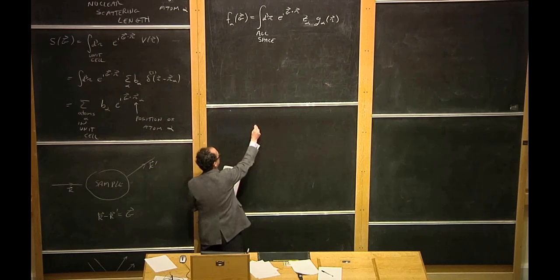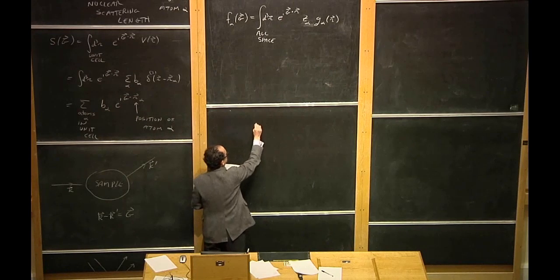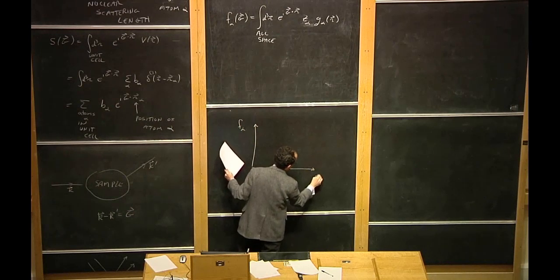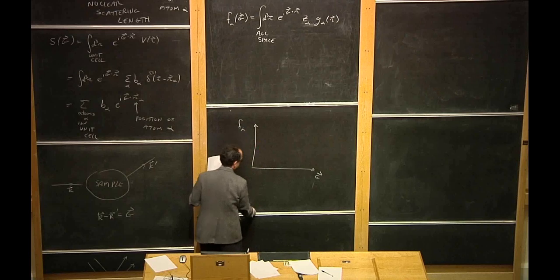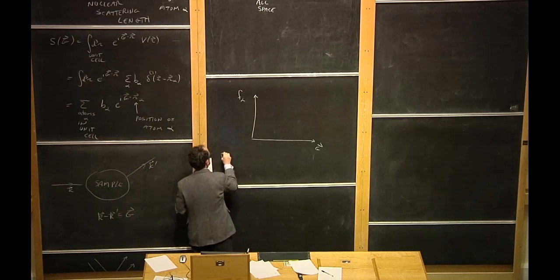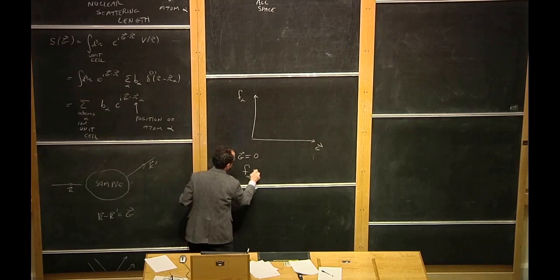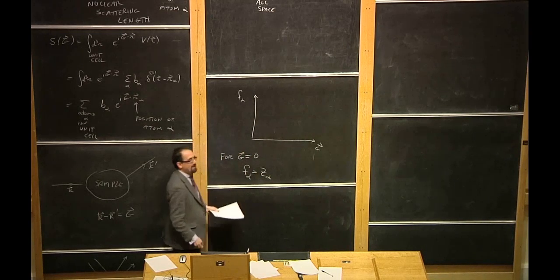Anyway, the form of this form factor more or less looks like this. We'll draw f alpha here and G over here. For G equal to 0, f sub alpha is just Z sub alpha. It's just basically counting.